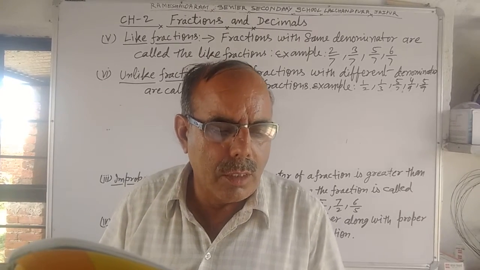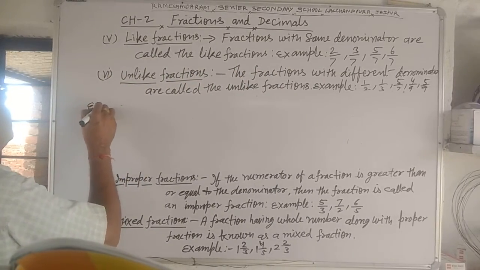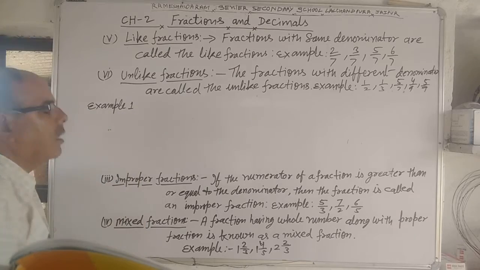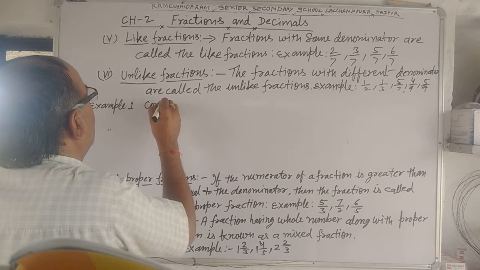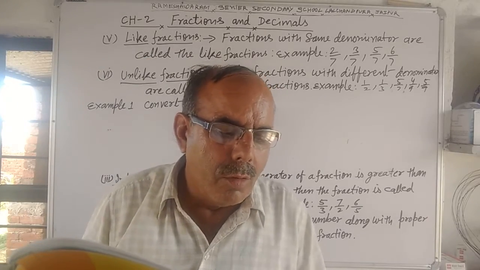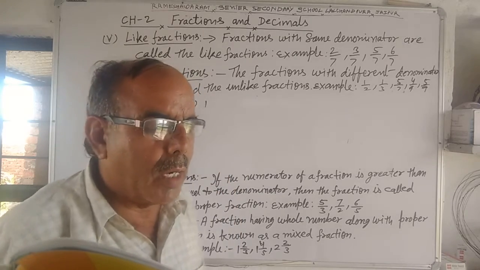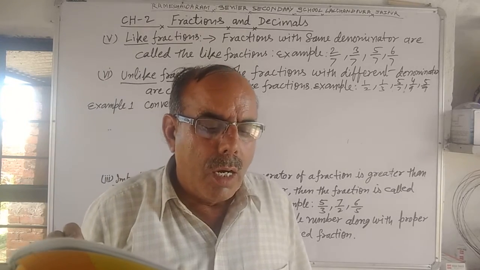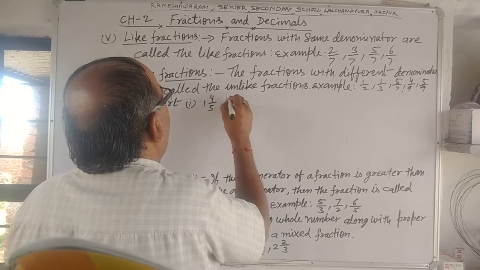First, we take an example. Example 1. Convert the number 1, a whole number, and a fraction 4 by 5 into an improper fraction.